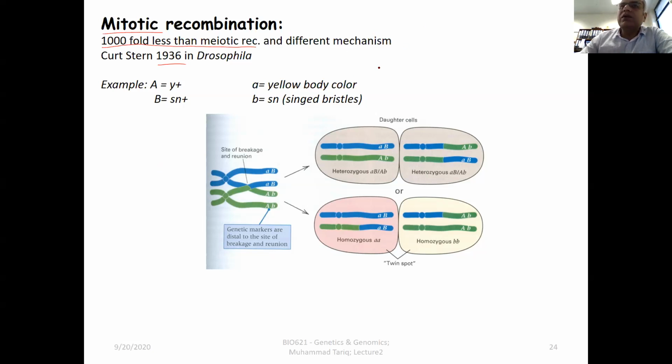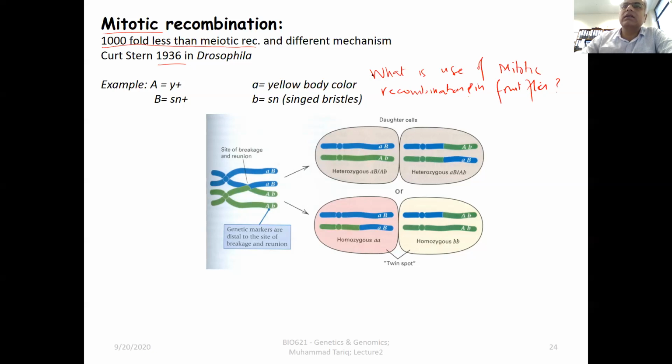I would like you to leave with a question, and you should go and read: what is the use of mitotic recombination in fruit flies?